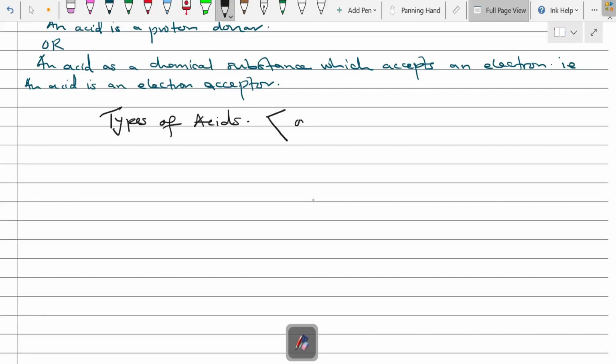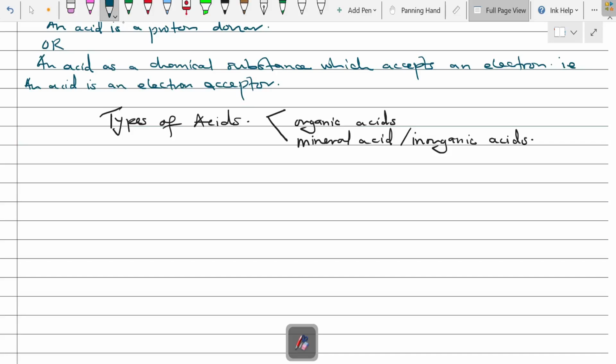We have organic acids and then mineral acids. And another name for mineral acids, you can call them inorganic acids. So let's talk of them one by one.